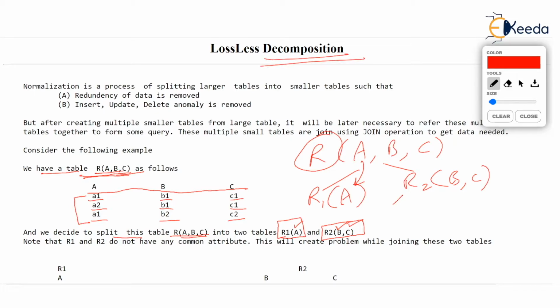This type of decomposition will be lossy decomposition.